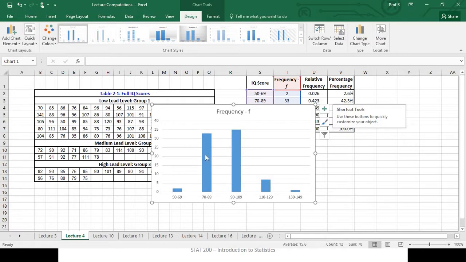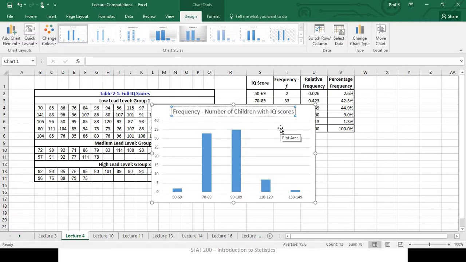Now, the result here is the frequency, yes, because that's what we have it labeled here as, but actually, it's the frequency or the number of children with IQ scores in the given range.